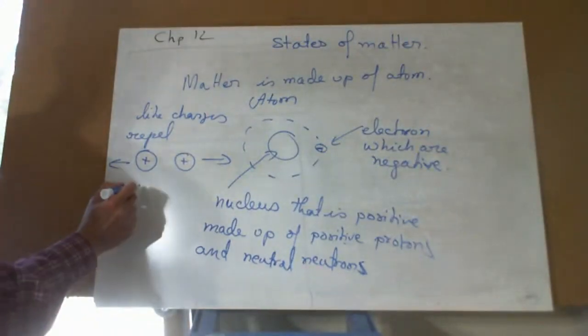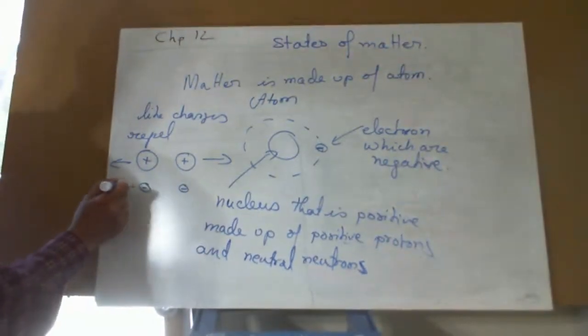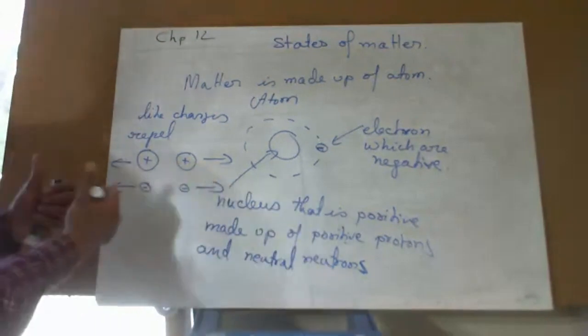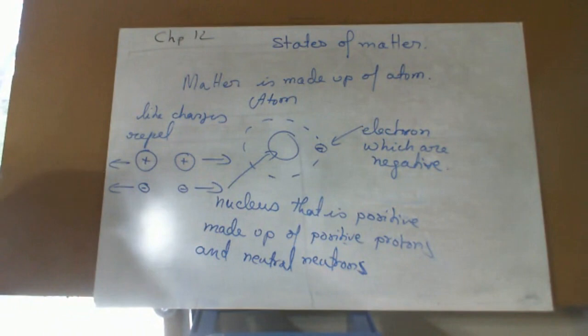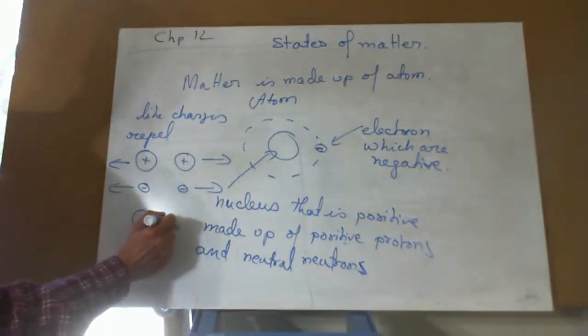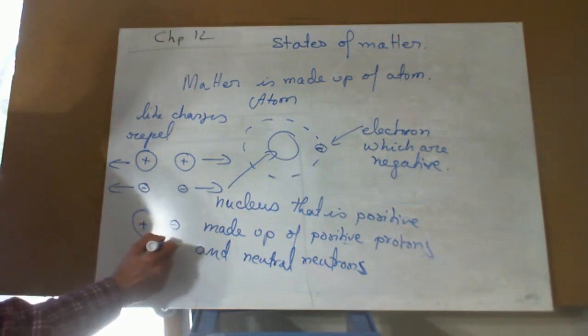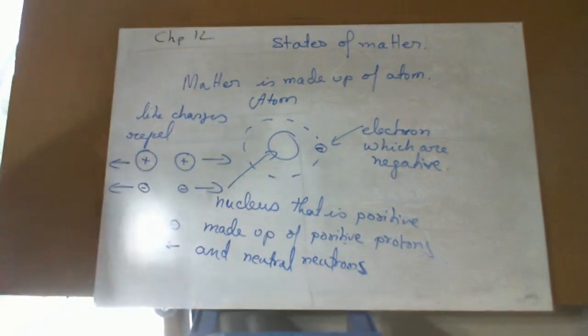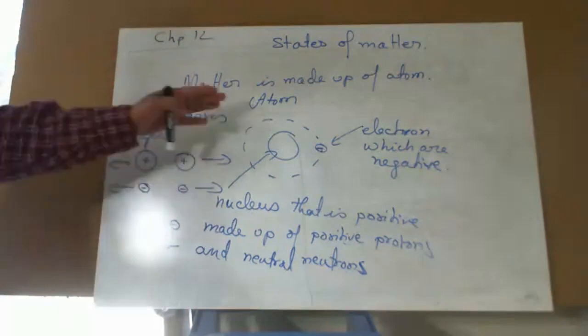If you bring an electron, which has a much smaller mass than a proton, the closer you bring them, the harder they repel. We call it an electrical force. But if you bring a proton and an electron, they will be attracted to each other. The closer they come, the greater the level of attraction. So that is the rule.